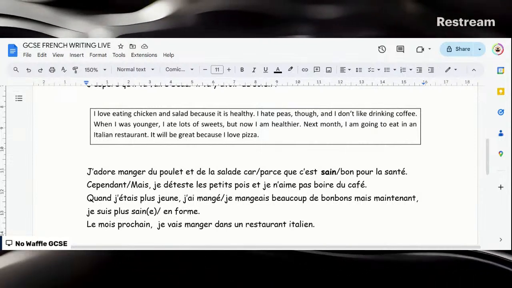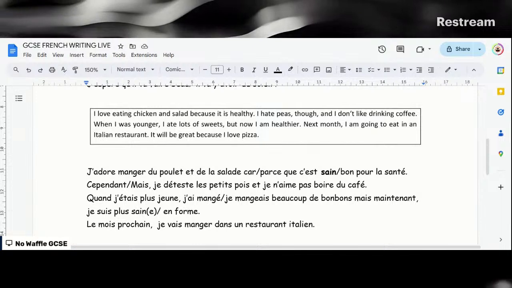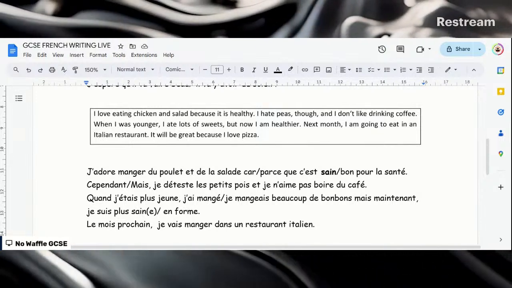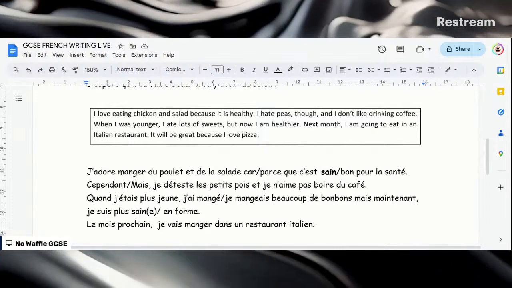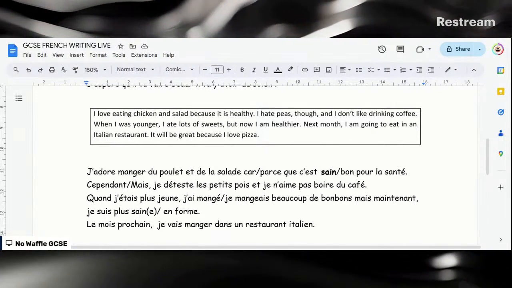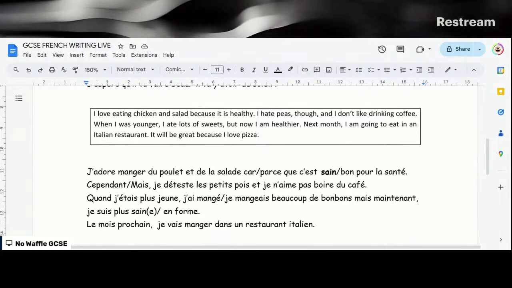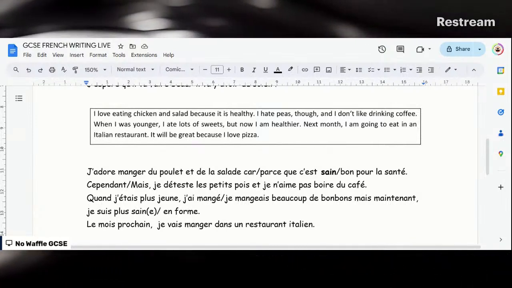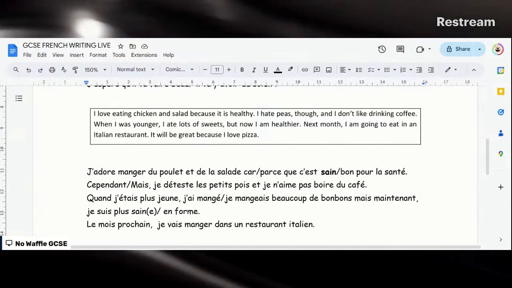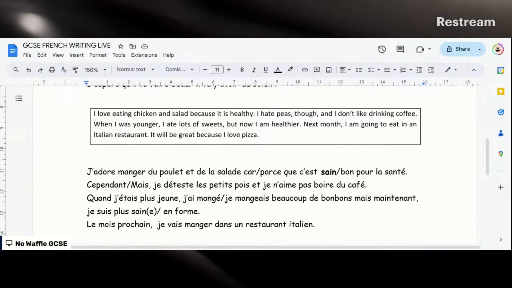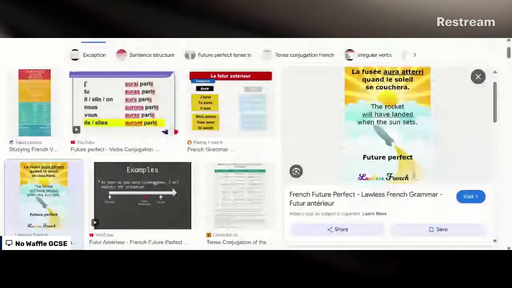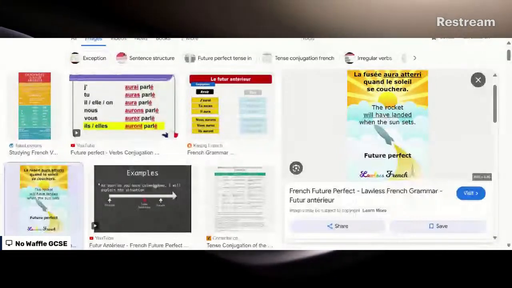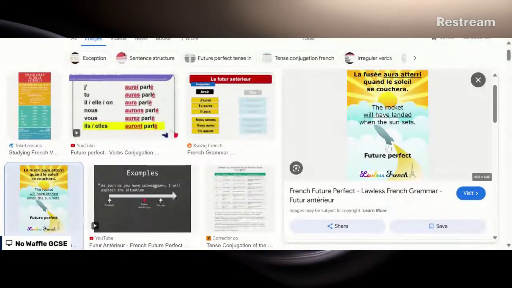Let me just show you a picture of where you can use it. So here, this is what I mean. Hopefully you can see this. It's with the future anterior or the future perfect.